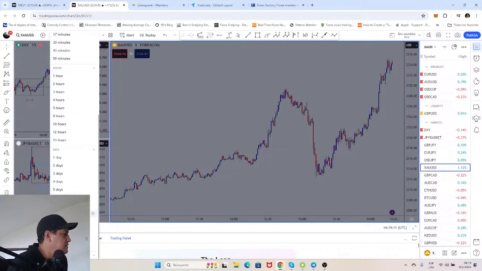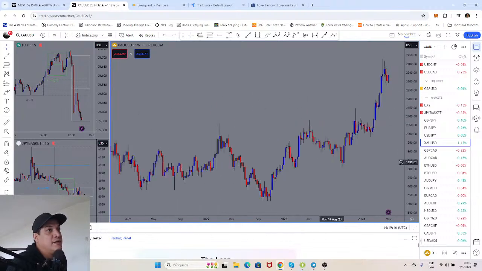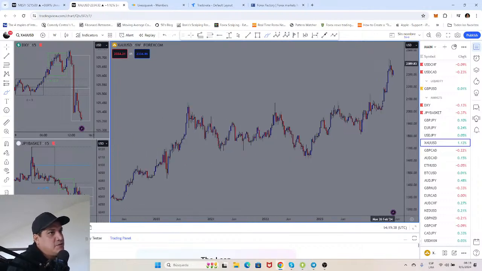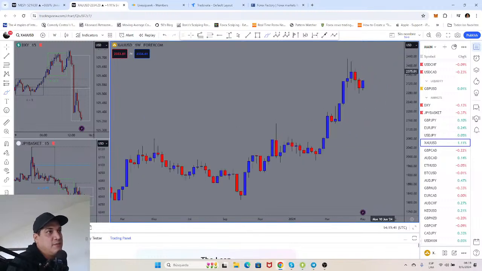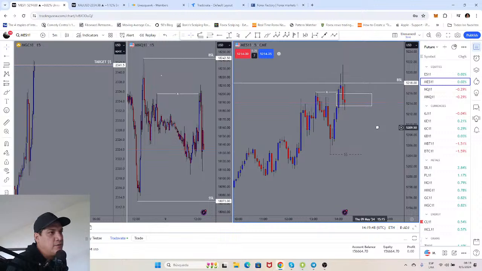On the weekly, I don't know. We are at all-time highs, man. I don't know what to tell you. Are you saying this because of this candle formation? I don't know. I couldn't know for sure. I trade with levels, zones, etc. Candle formations mean nothing to me. That's about it.